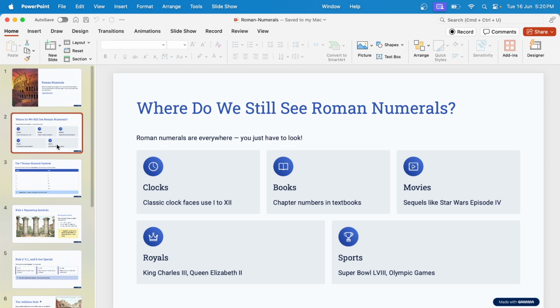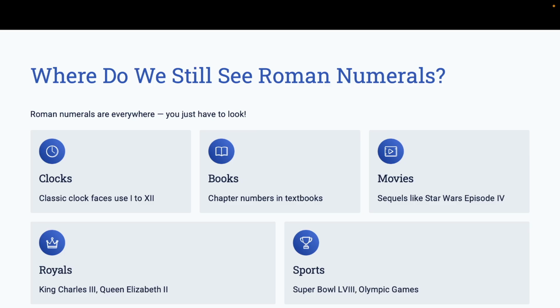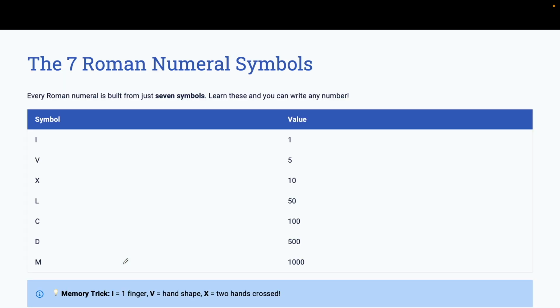So, where do we still see Roman numbers? In clocks, in books, in movies, royals like King Charles III and Queen Elizabeth II, and sports. The 7 Roman numeral symbols are given.